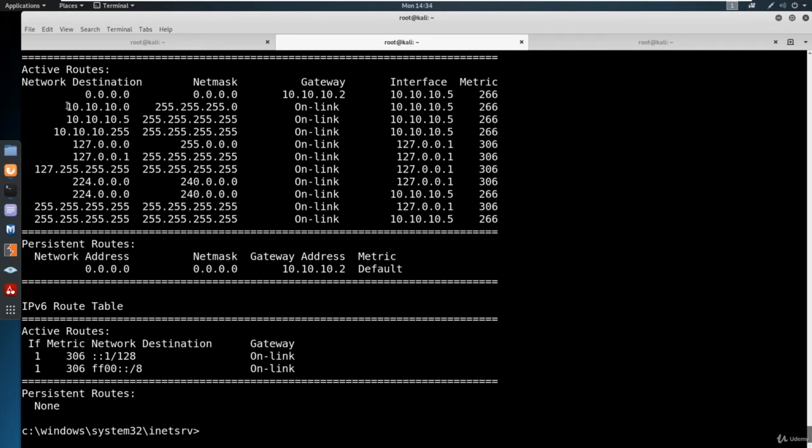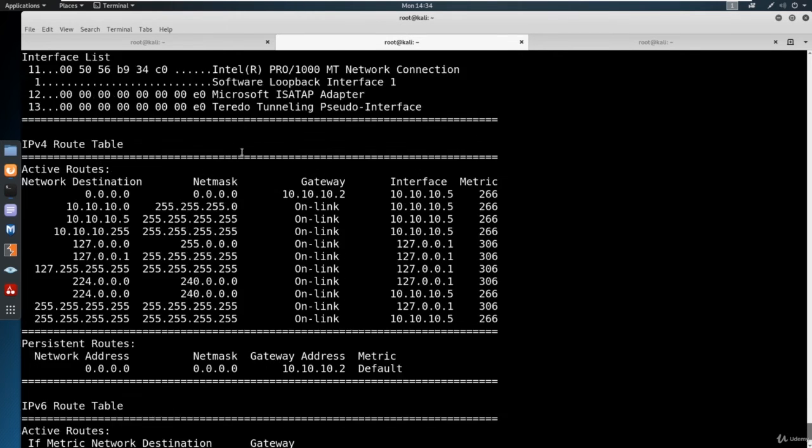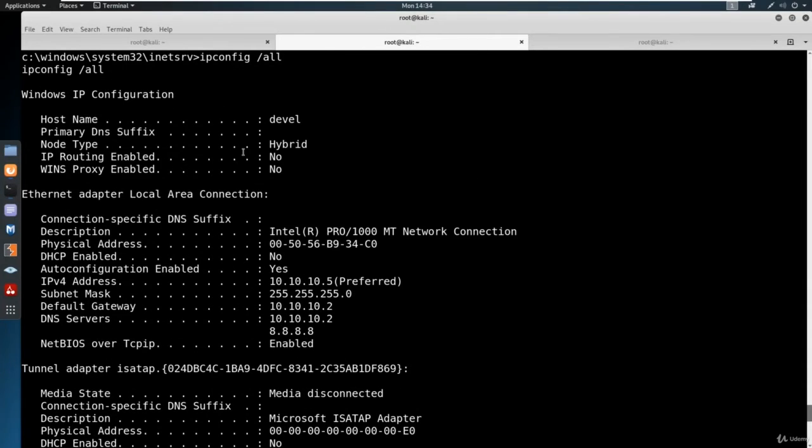So we're interested in seeing the 10 address, and you can see the 10.10.10.5. There's not like another network on here. Same thing with the ipconfig, by the way. Sometimes you see dual homed IP addresses where there's a 10.10.10.2, and maybe you would have something like a 10.10.11.2 or something like that, or .5, where we see a second NIC on this machine.